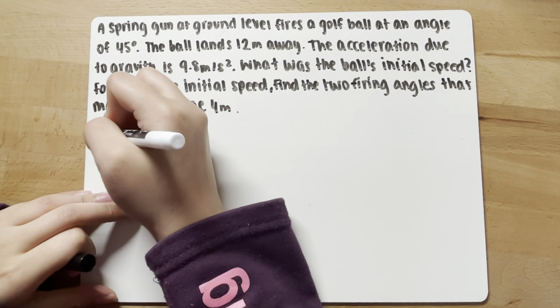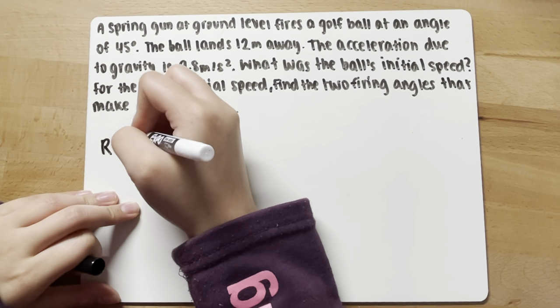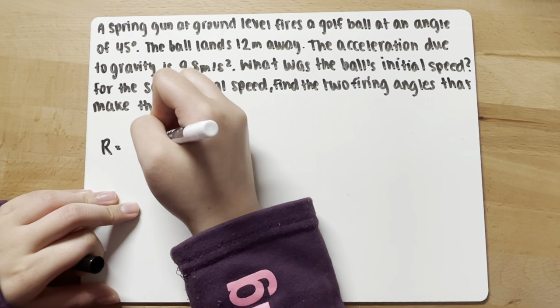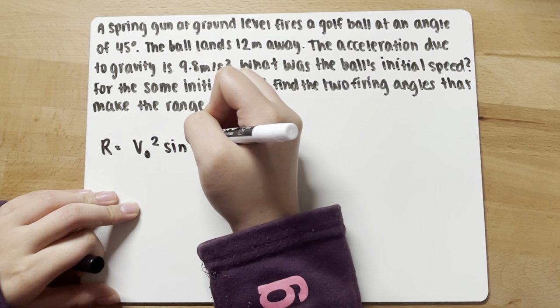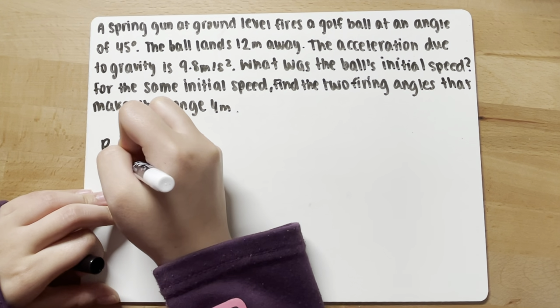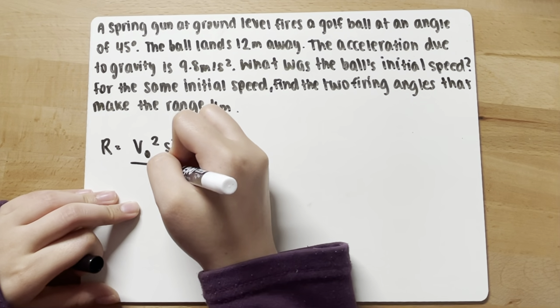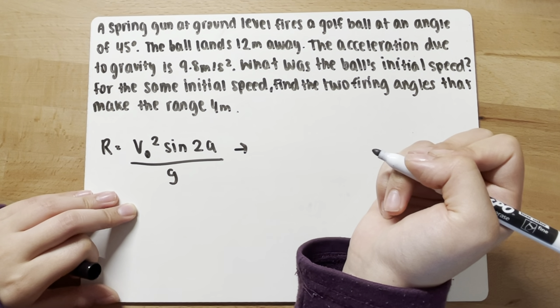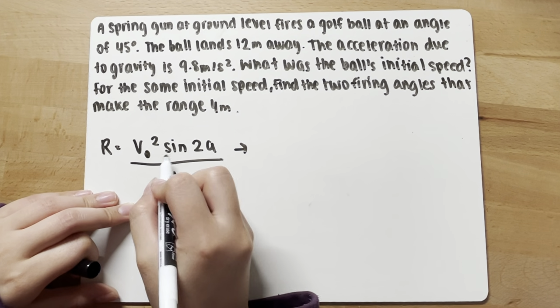So in this problem, we will be using the range formula, which is range equals initial velocity squared times sine 2a, where a is the angle, over g. Now, we want to begin by finding sine 2a.